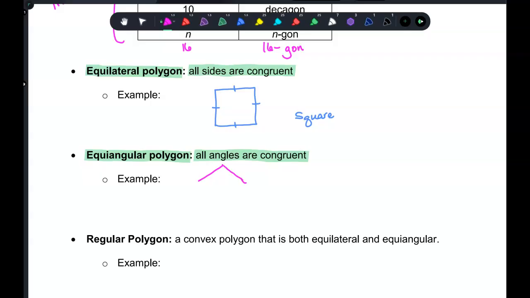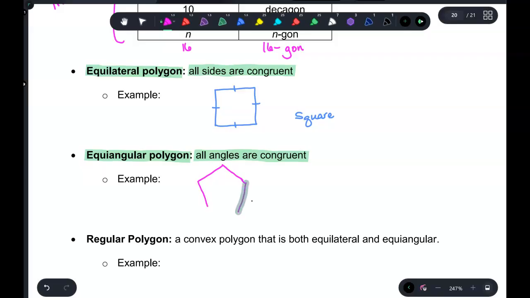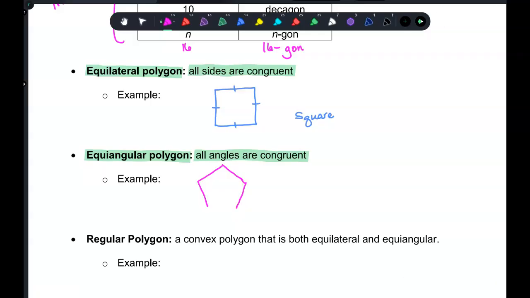Instead of going straight down like a house, I'll angle the two sides inward a little bit and then connect at the bottom.